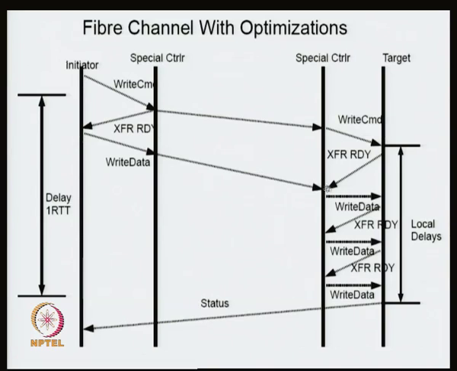This data can come here, and then it is segmented and parceled out to this target as needed. Because this particular special controller and target are co-located, we don't have any serious problems of trying to navigate this wider network round trip.